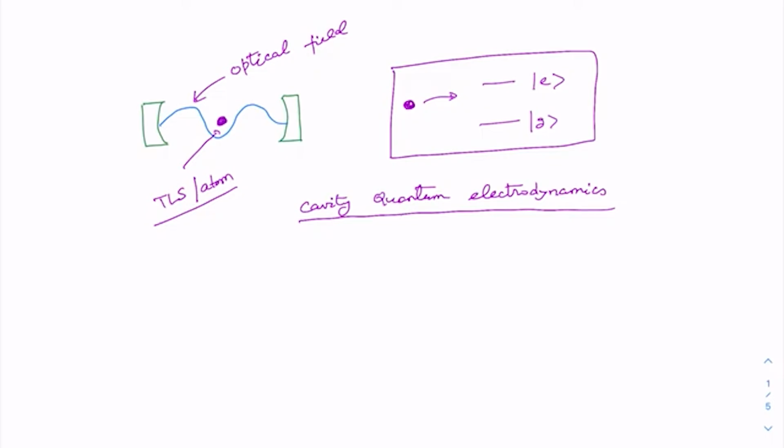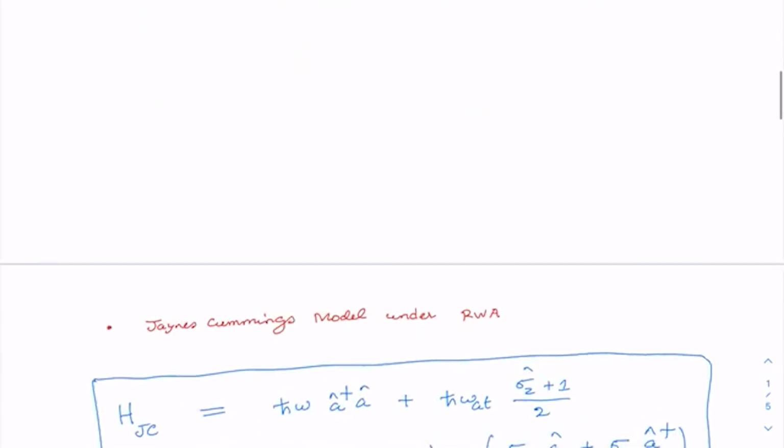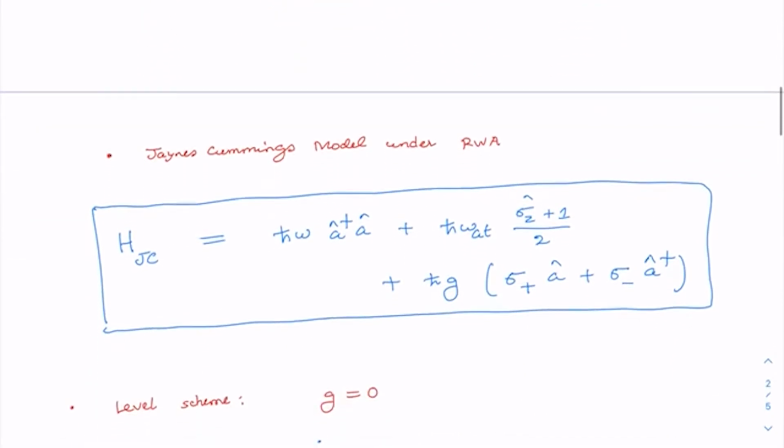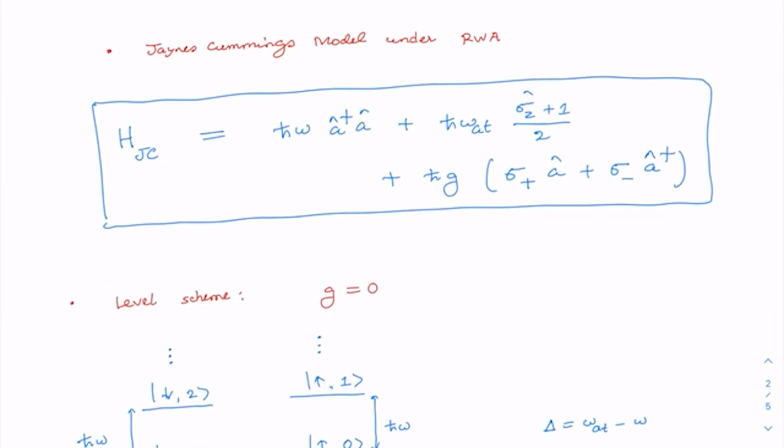Now, this JC model, or Jaynes-Cummings model, cannot be solved analytically. However, it can be solved under the so-called rotating wave approximation, and in the rotating wave approximation, the JC model can be written in this particular form, where instead of sigma x, we replace it.